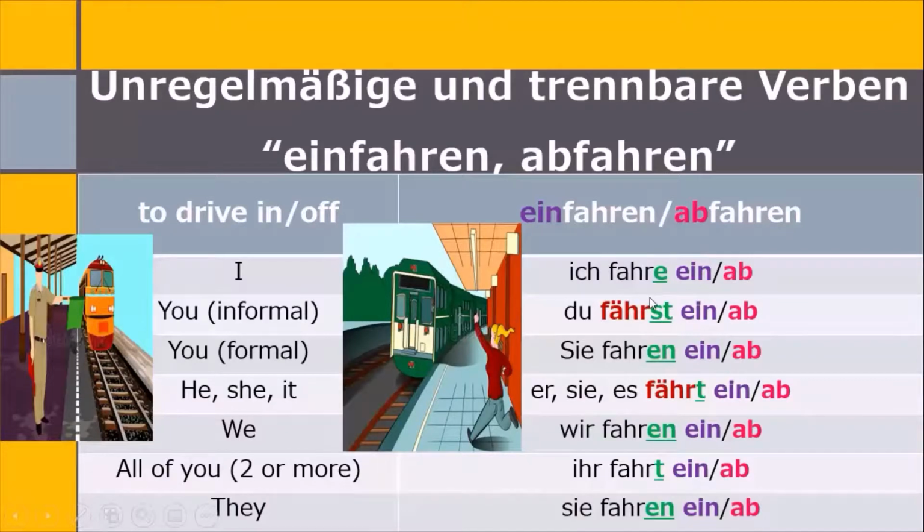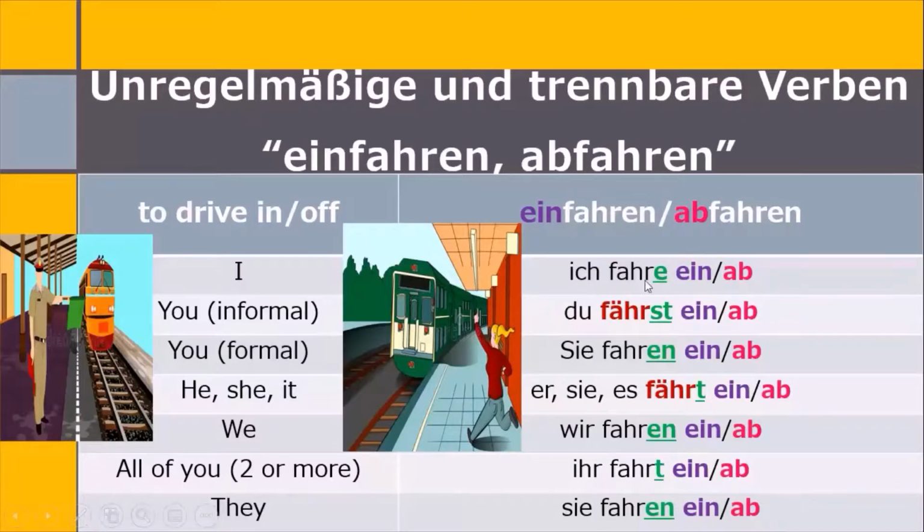Since fahren is irregular, it will be conjugated like this, but the prefix ein and ab will come at the end of German questions and at the end of the German sentences, just like in the examples that I've mentioned before. Just the conjugation of fahren will be different.